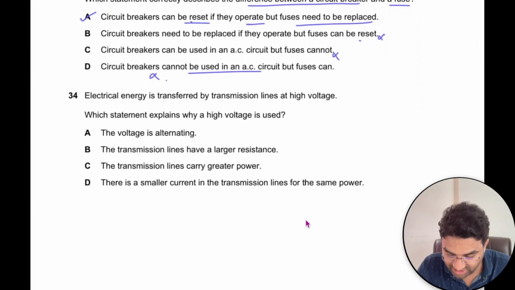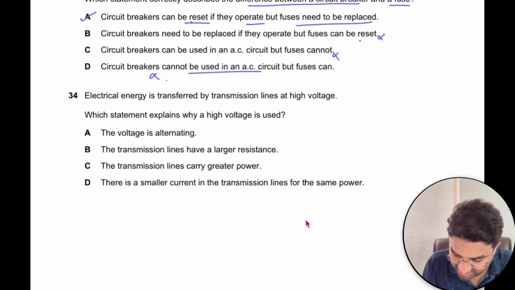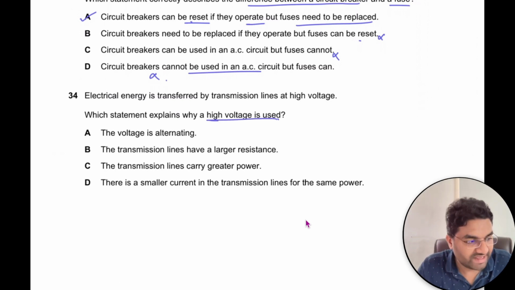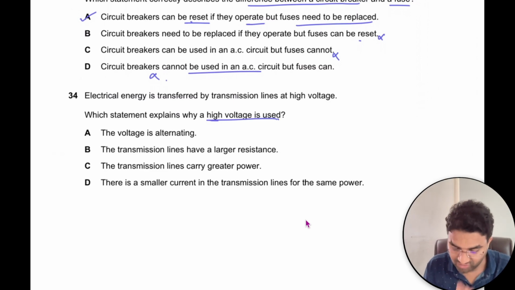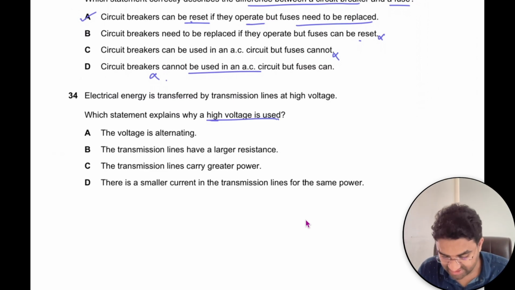Then electric energy is transferred by the transmission line at a high voltage. Which statement explains the high voltage used? Is the voltage alternating? No. Then, transmission lines have a larger resistance? The transmission lines carry greater power?